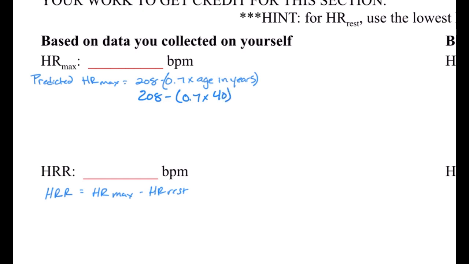Remember, I need to do the numbers in parentheses first, so 0.7 times 40 gives us 28, and it would be 208 minus 28, and so the answer here would be 180, and then we always use units, so beats per minute. So I would put 180 in the line for HR max.